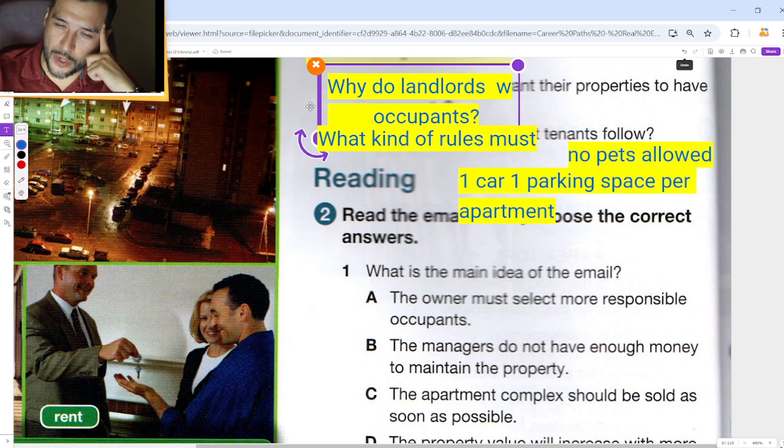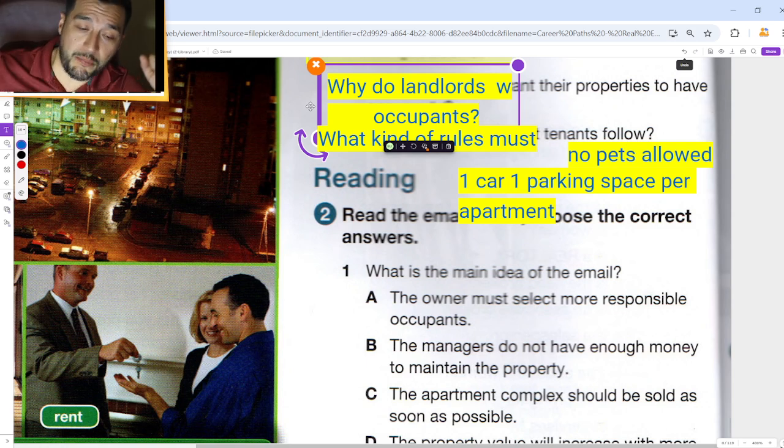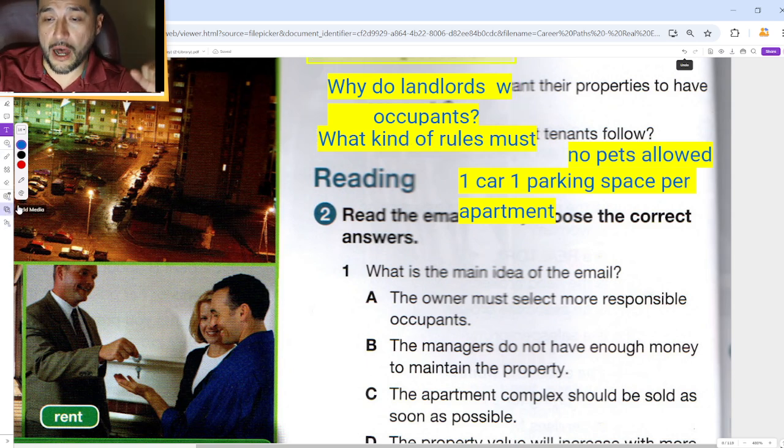Now put these two questions in your notebook and prepare your answers before we go to the next exercise. You can pause this class, pause the video. Why do landlords want their properties to have occupants? What kind of rules must tenants follow?